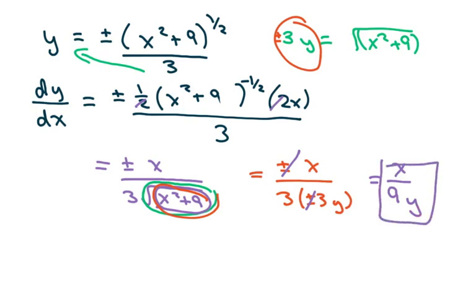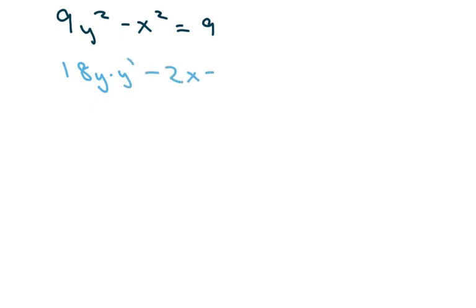Alright. Now we're going to differentiate this explicitly, and by doing that, I'm going to write down my original equation that I had because it's a little easier that way. And go ahead and differentiate implicitly. So we're going to get 18, since this is a y, you take y times the derivative of y, and then minus 2x equals the derivative of 9, which is just 0.